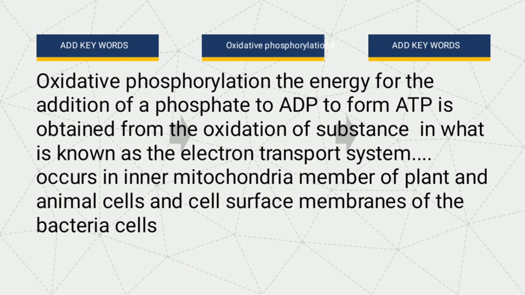Now the last type of phosphorylation is called oxidative phosphorylation. In oxidative phosphorylation, the energy for the addition of a phosphate group to ADP is from the oxidation of what? Of substances.